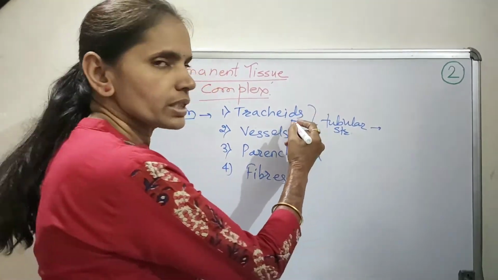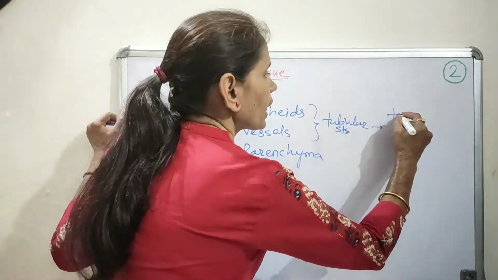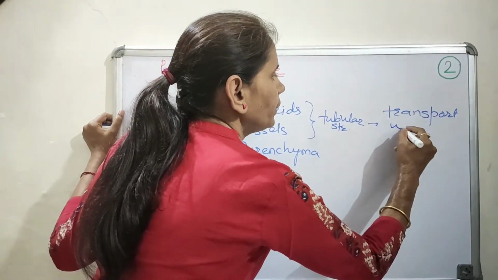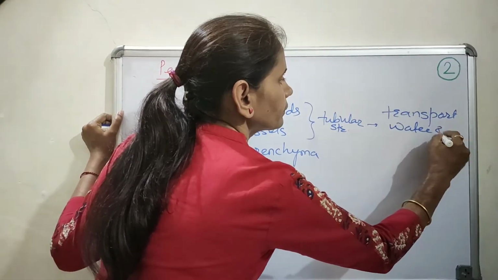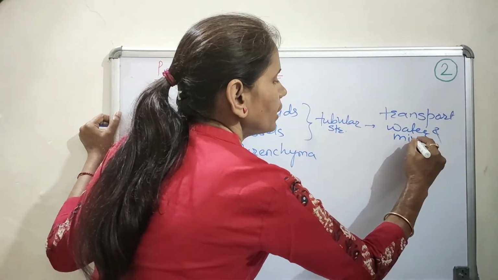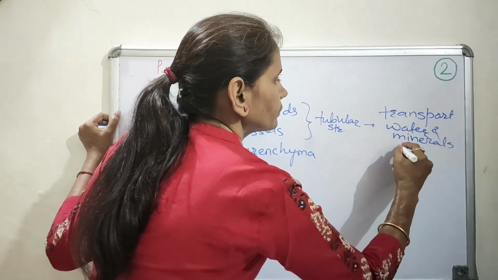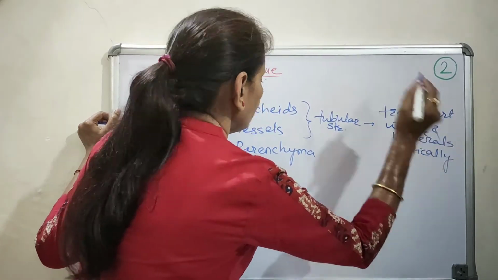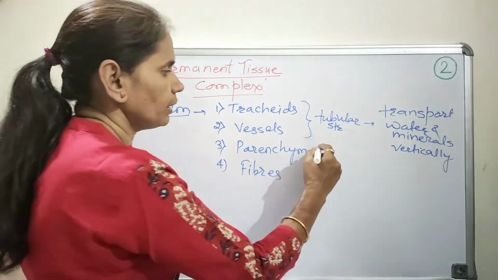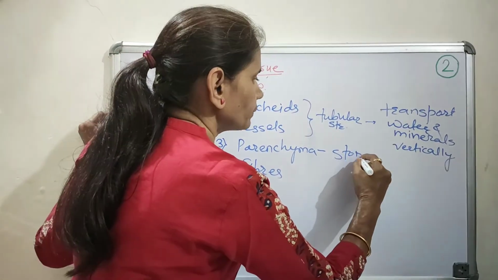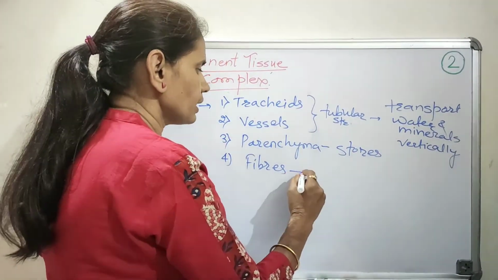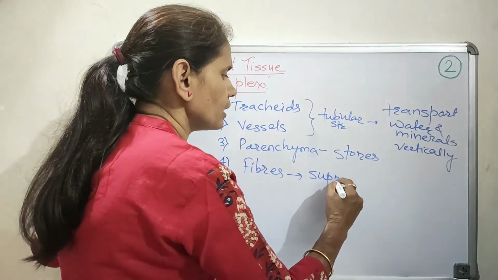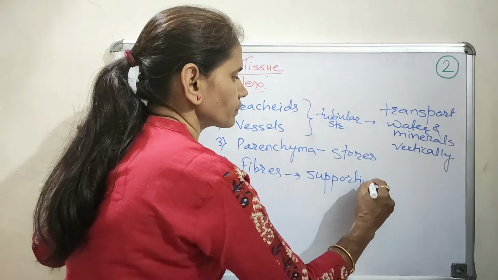The function of these tracheids and vessels is transport of water and minerals vertically. Now xylem parenchyma stores food, and xylem fiber gives support, having a supportive role.